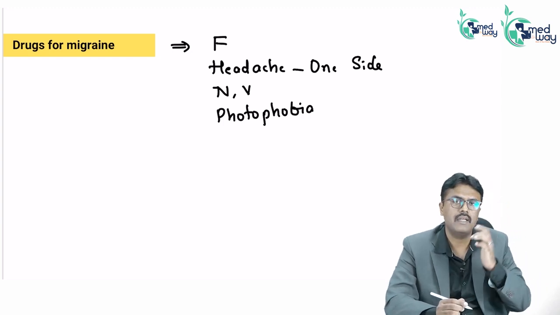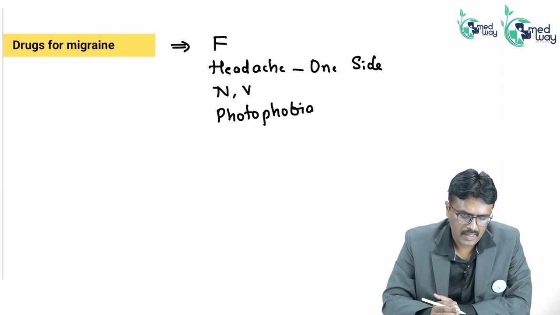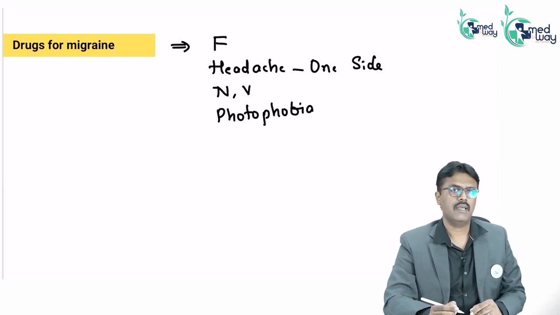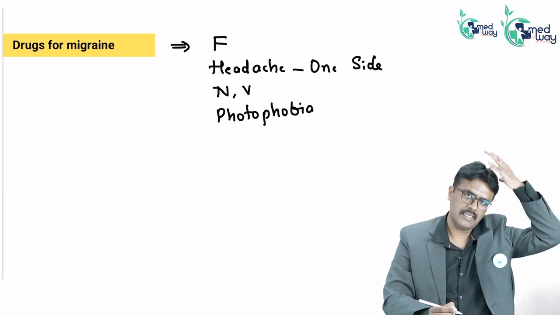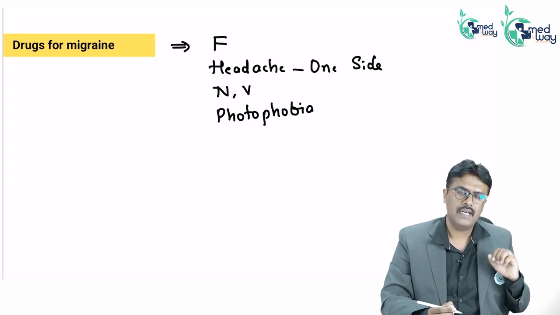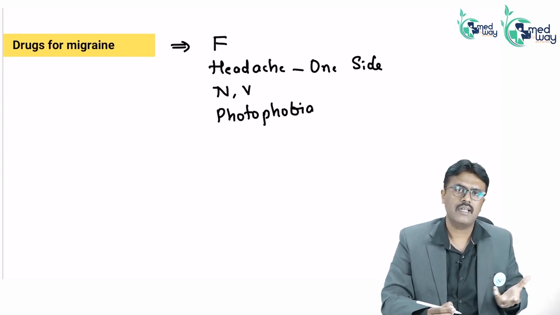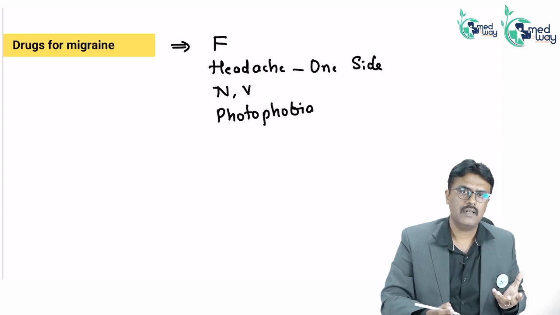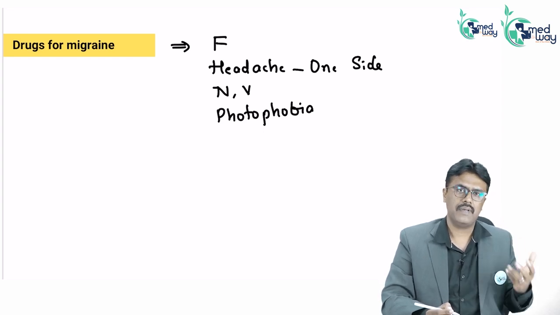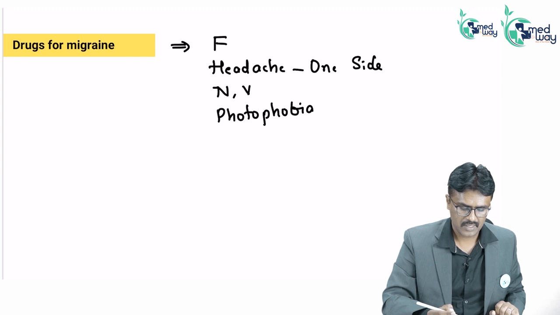So these are typical to tell it's a migraine. Now I told you there are two theories: the vascular theory, where there is extracranial vasodilation, and the second theory is neurogenic inflammation of the trigeminal nerve increasing CGRP and the headache increases.